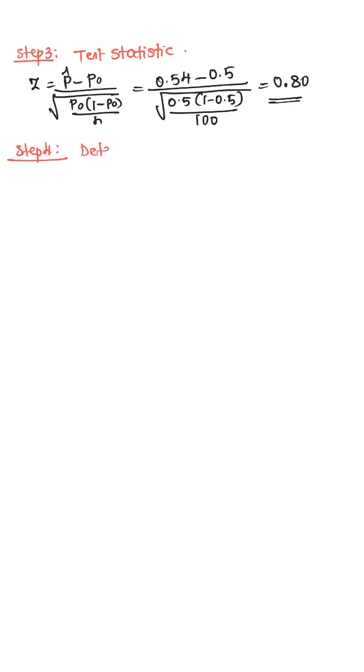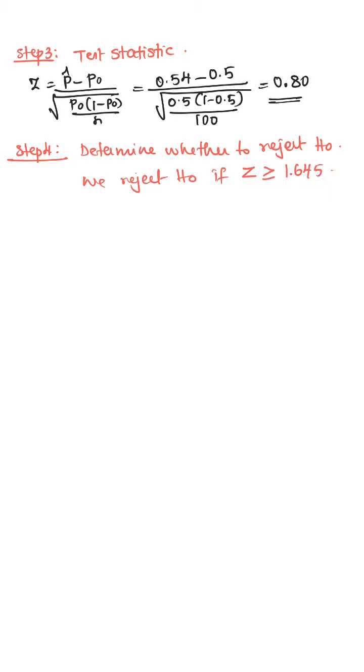determine whether to reject H0. Because it's a right tail test, we reject H0 if z is greater than or equal to 1.645.